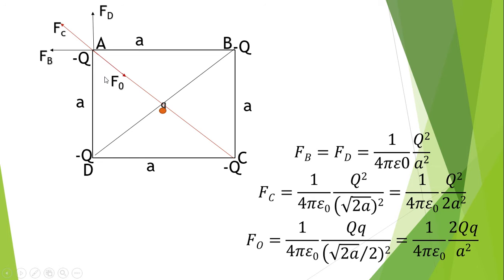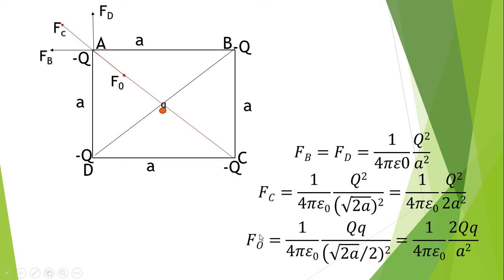How can we find root 2 a? By using the Pythagoras theorem: base a, perpendicular a, so a square plus a square is equal to the hypotenuse AC square. So AC is equal to root 2 a, and the force is 1 by 4 pi epsilon naught Q square by 2a square.